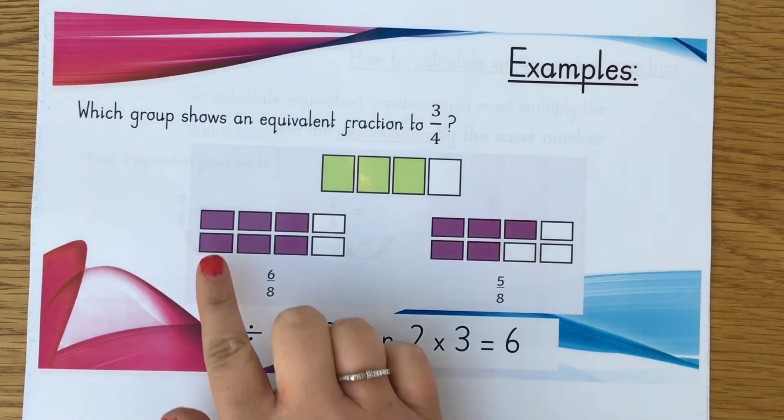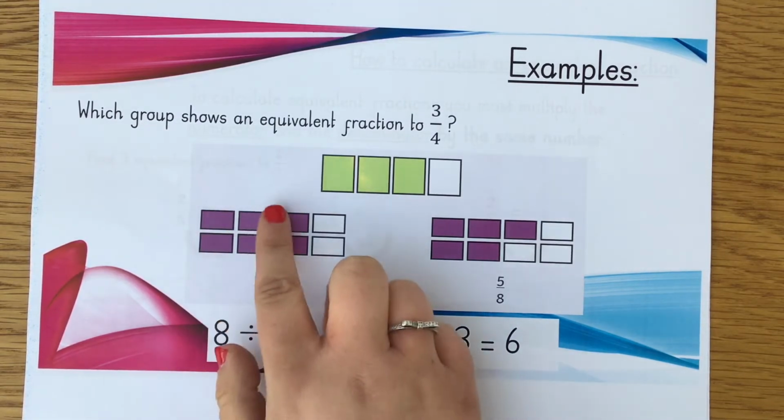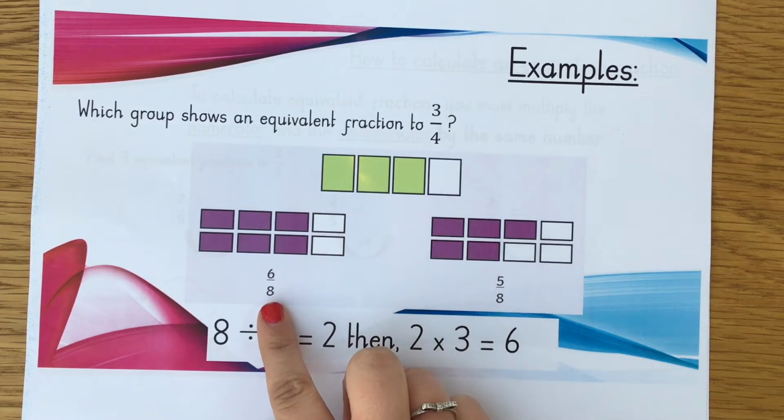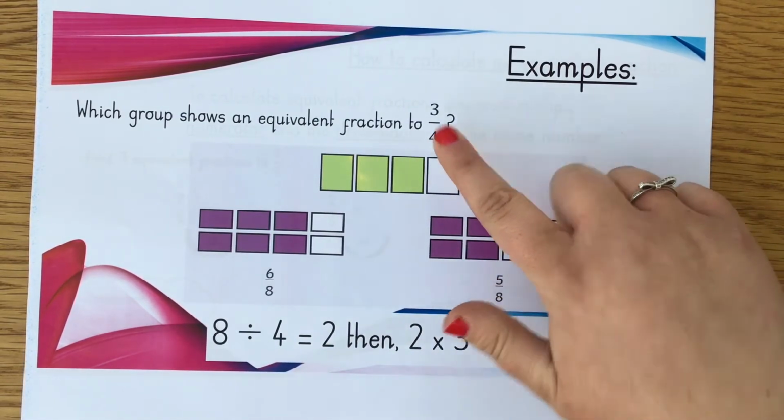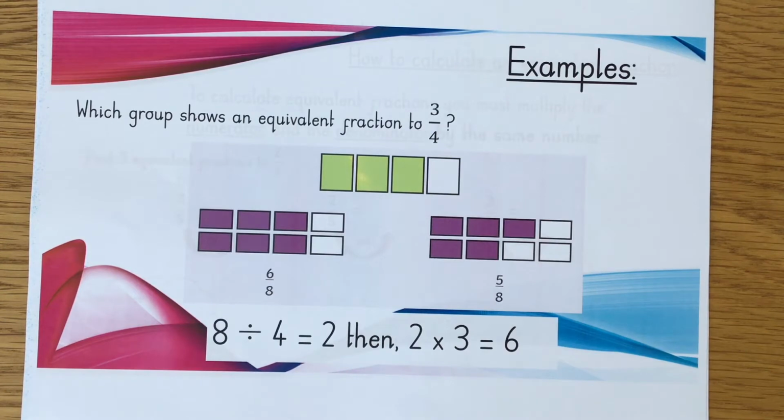So if I start counting these blocks here, I can see I've got 8. Now if I'm going to work out how many quarters go into 8, I need to divide it by the denominator, which is 4. So there are 2 groups of 4s in 8, but I don't want 1/4, I want 3/4.